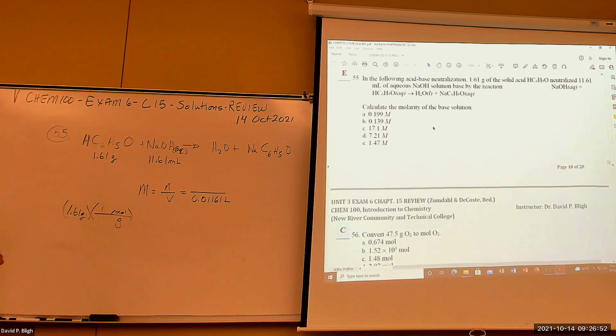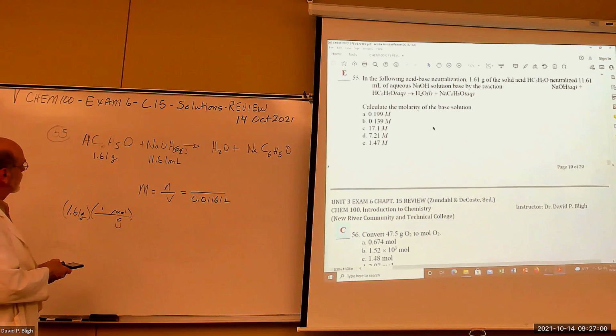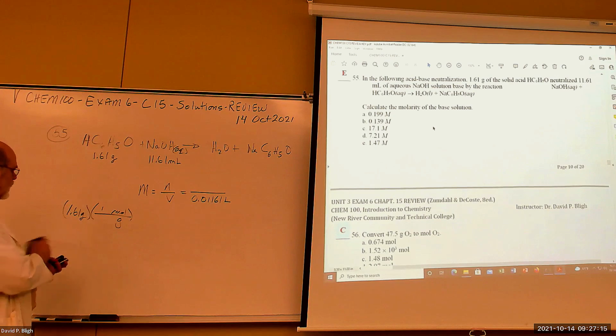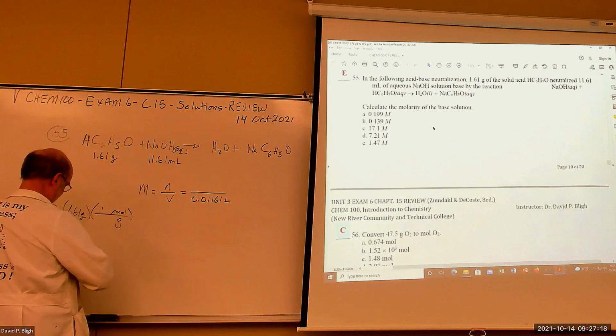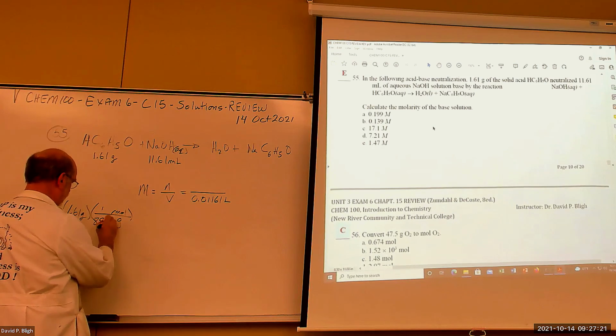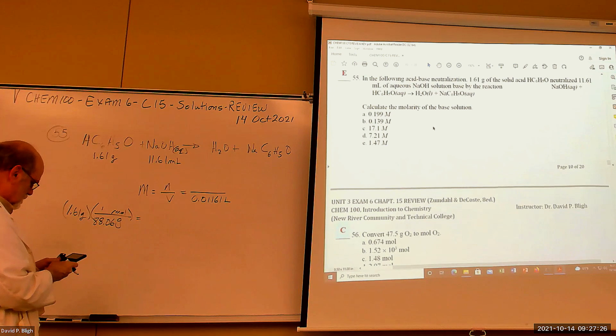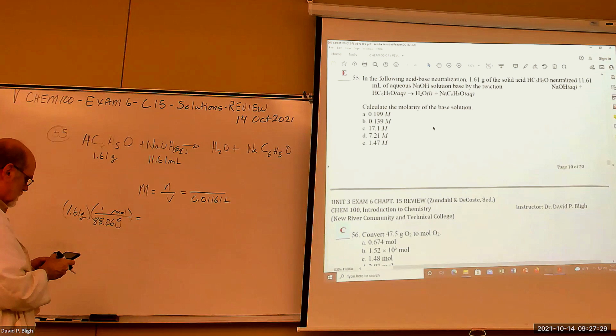So what's the molar mass of that compound? Well, let's see, we have 6 hydrogens, 6.06. We have 6 carbons, 6 times 12.01, and 1 oxygen, 16. So that's 88.06. There we go. We divide that into 1.61.